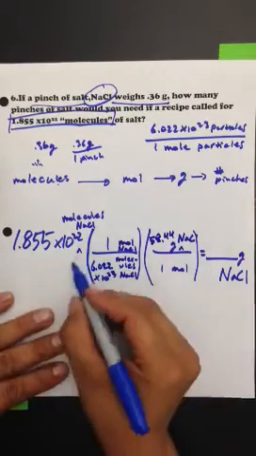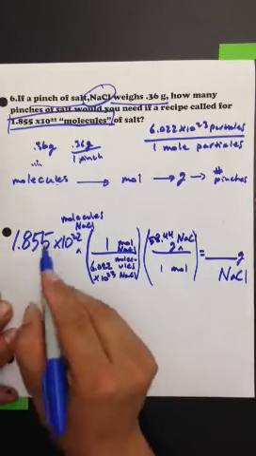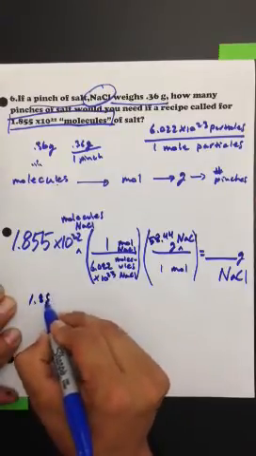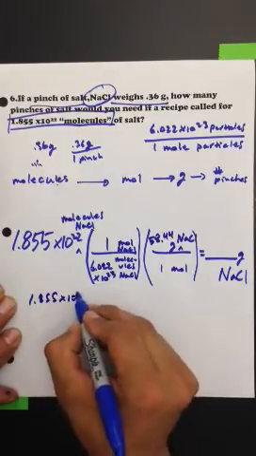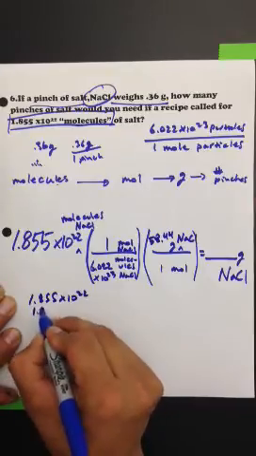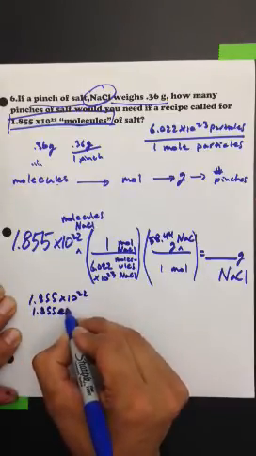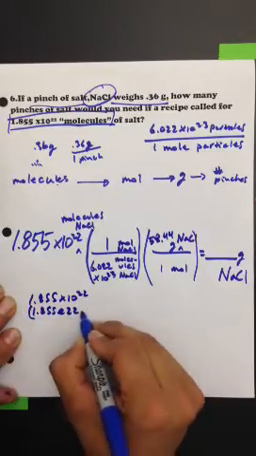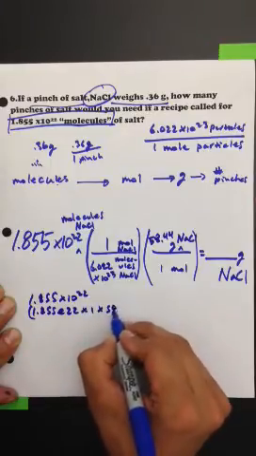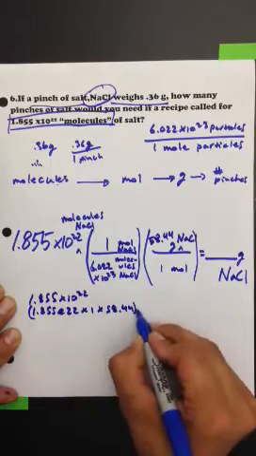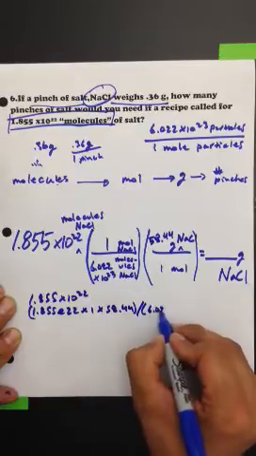Do the math. In your calculator, something like 1.855 E 22 times 1 times 58.44 divided by 6.022.